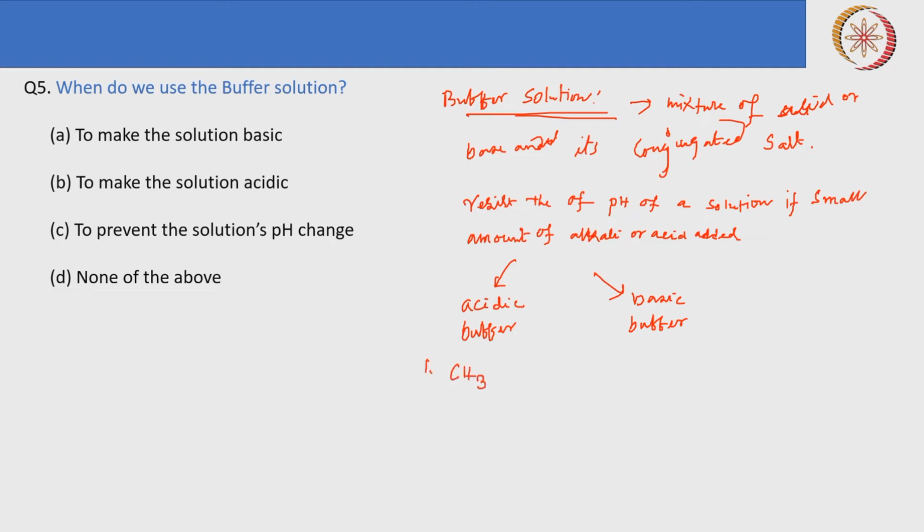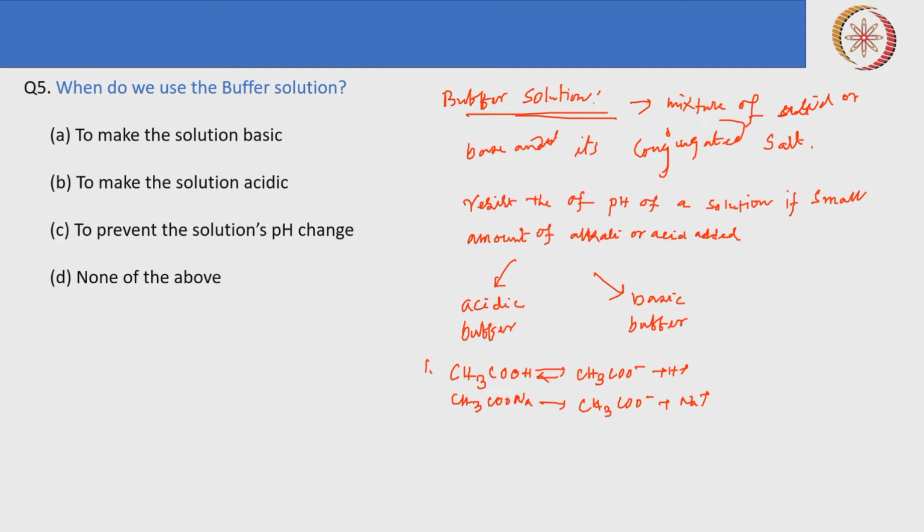Suppose an acidic buffer solution, basically an acetate buffer made of acetic acid. Acetic acid gives CH3COO minus plus H plus, and its conjugate salt, suppose sodium acetate, gives CH3COO minus plus Na plus.